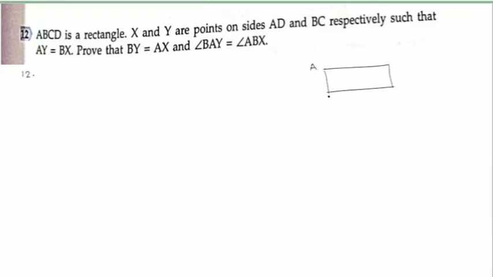A, B, C, D is a rectangle where X and Y are points on the side AD and BC. Suppose this is X and this is Y, are points on AD and BC respectively, such that AY is equal to BX.